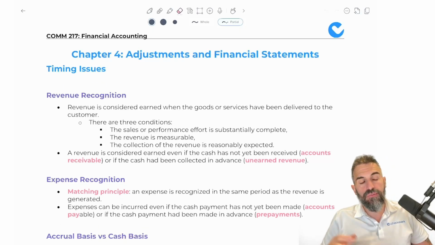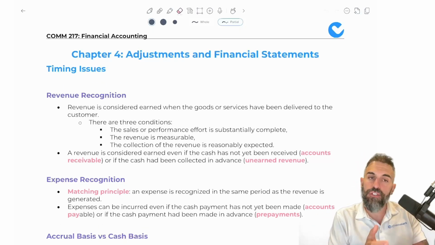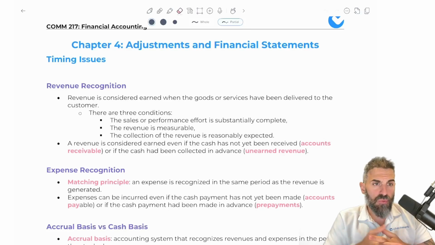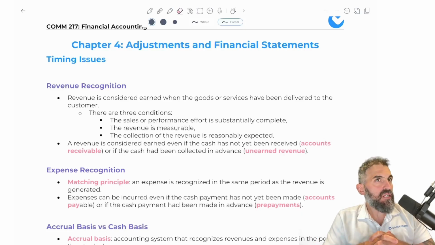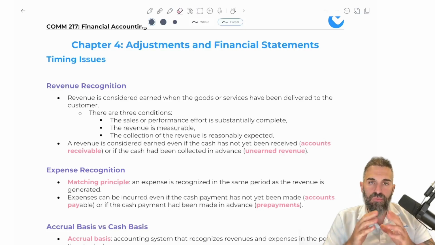Depreciation is another one. Depreciation on your equipment. Your equipment is depreciating, your long-term assets are depreciating every day. But again, it wouldn't make any sense to sit there and write a journal entry or record a transaction every single day for that depreciation. It's not necessary. If you think about, I think it was chapter 2 where we talked about some of the assumptions, one of the things was the cost constraint.